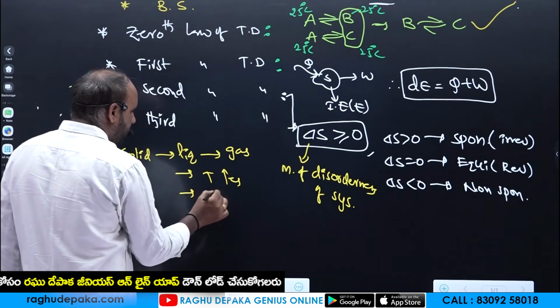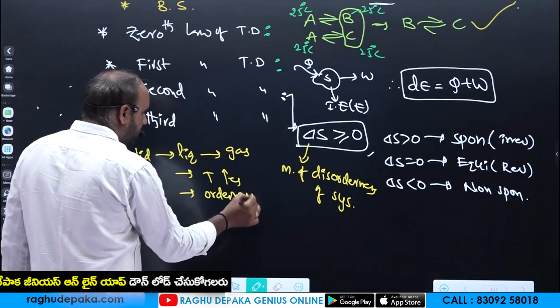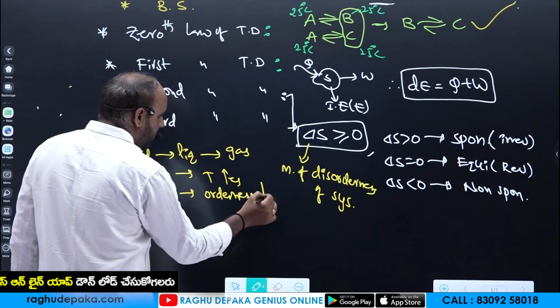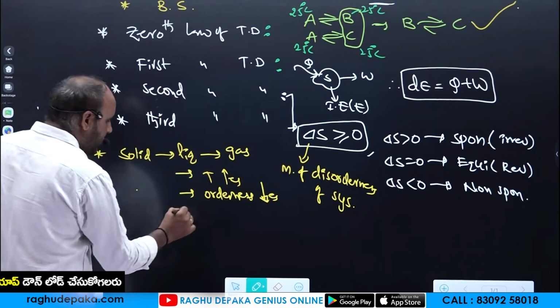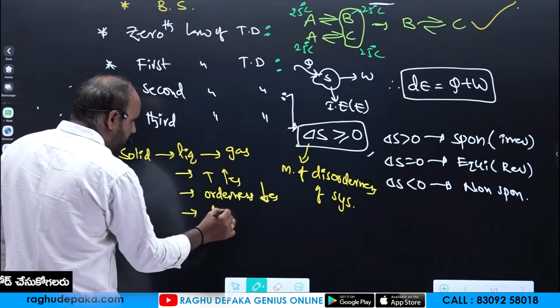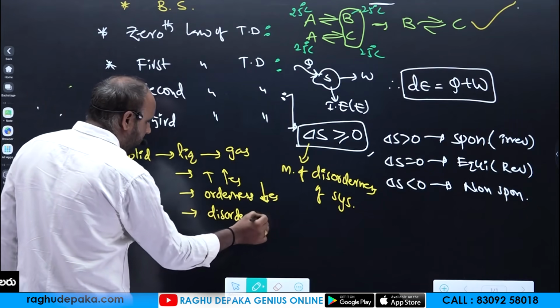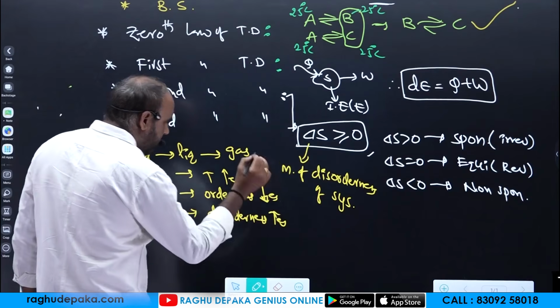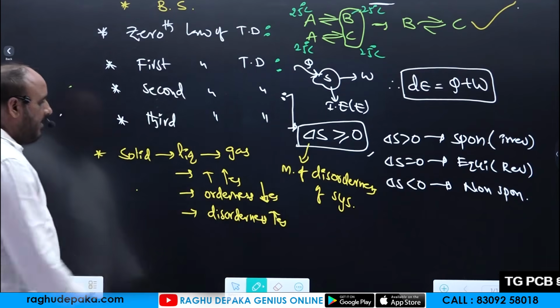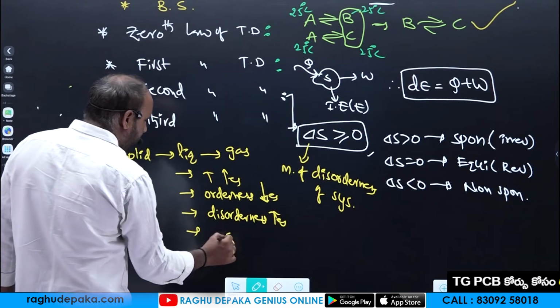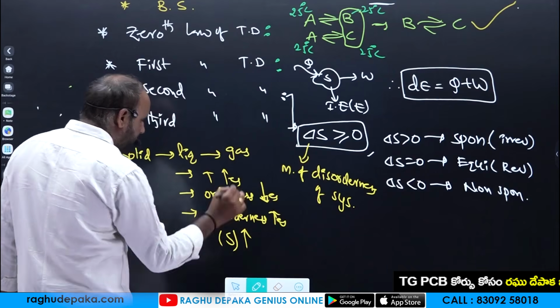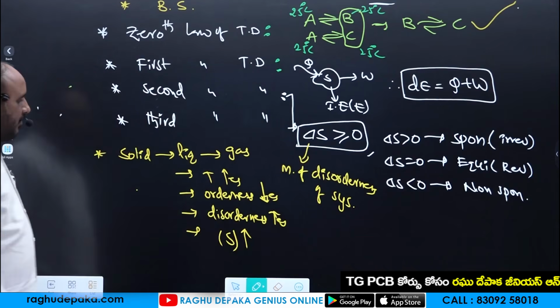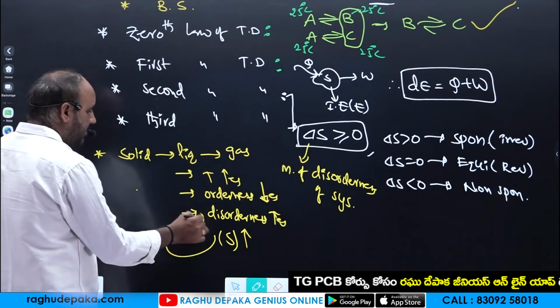Solids are perfectly ordered materials, so the orderness decreases. When orderness decreases, what about disorderness? Disorderness increases. When disorderness increases, therefore entropy also increases. That entropy is indicated with S. Therefore entropy is a measurement of disorderness of the system.